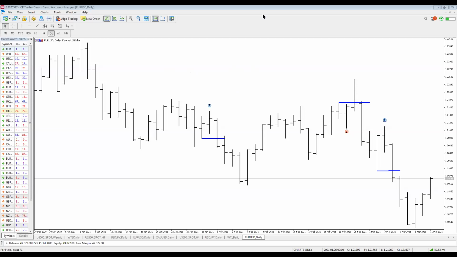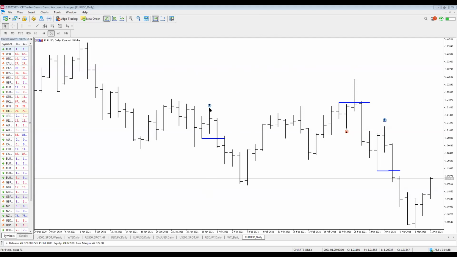Okay, so what we're looking at here is obviously a daily chart of euro dollar. And I've just highlighted a few 1-2 setups of recent. So what we've got here, if you recall, is the setup forms when the market makes a higher high and a higher low for the first time in its sequence.